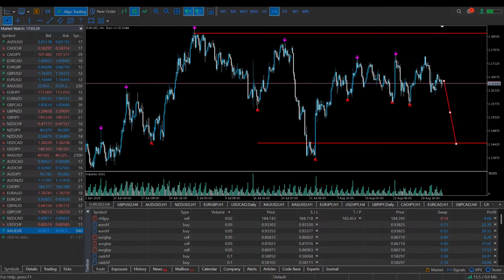So we can sell to that low only if criteria are met. With that being said, this will be a bearish setup for me. So take a look at how price is forming a bearish structure there.